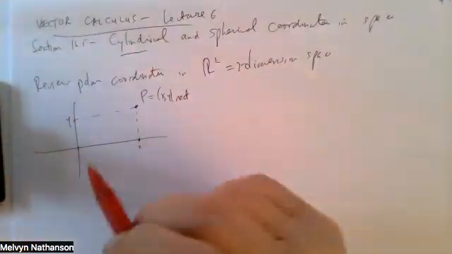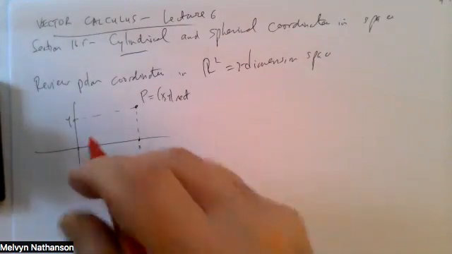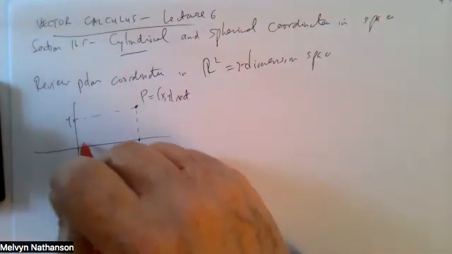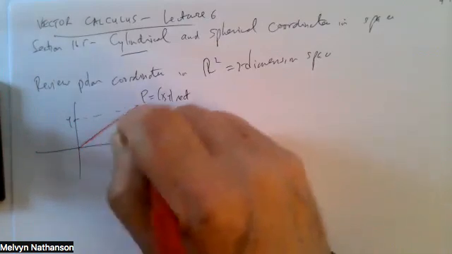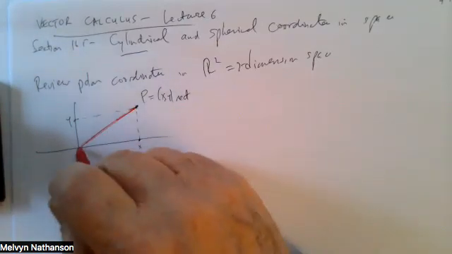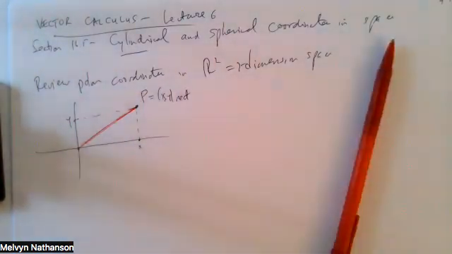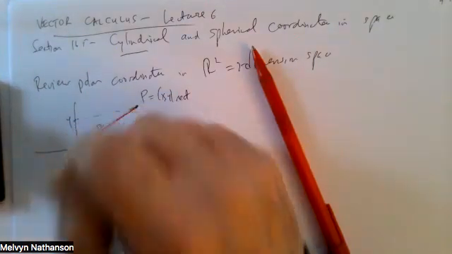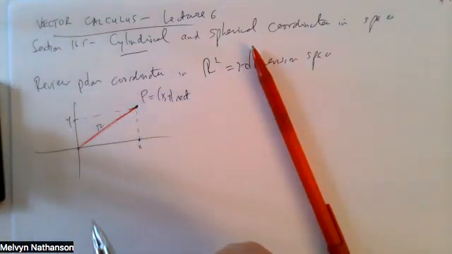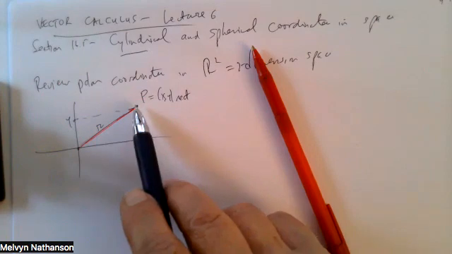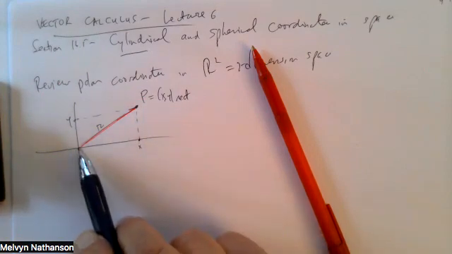But there's another way to identify coordinates, which is the following. You can look at the vector or the ray from the origin to the point, and the length of that vector we call r. So the distance from the point P to the origin is r.